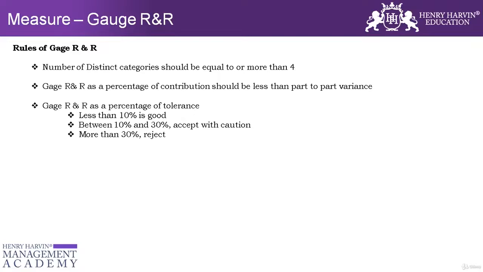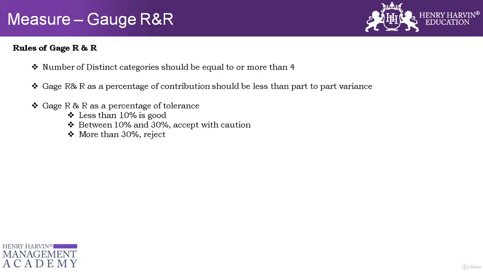Likewise, in attribute agreement analysis, we had only one rule. Here we have 3 rules. Number of distinct categories should be equal or more than 4. Percentage contribution should be less than part to part variation. All these calculations will come in Minitab, so we don't have to do it manually here.